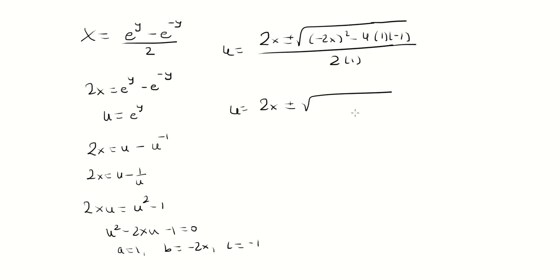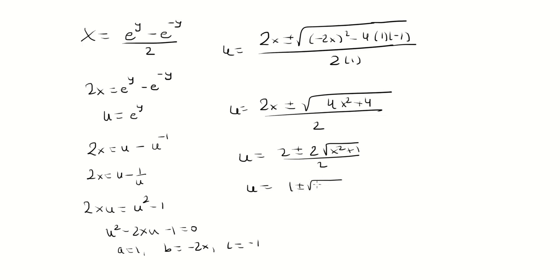So that's 4x squared plus 4 inside the square root, over 2. And then I can factor out the 4, bring it outside as a 2. And then we can divide by 2 to get 1 plus or minus the square root of x squared plus 1.